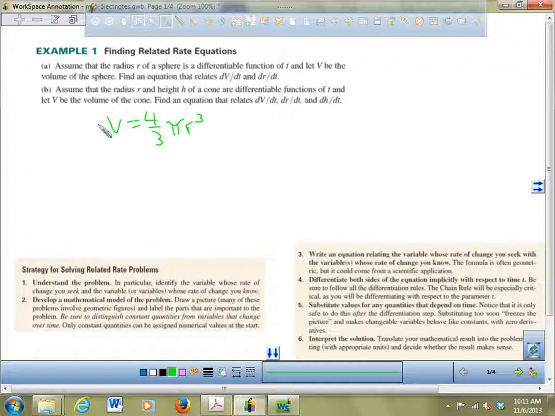Okay? So all you have to do is: dV/dt equals 3 times 4/3 pi r squared, because I take the derivative with respect to r, and then multiply by dr/dt, because the radius is changing. Doesn't it say that?